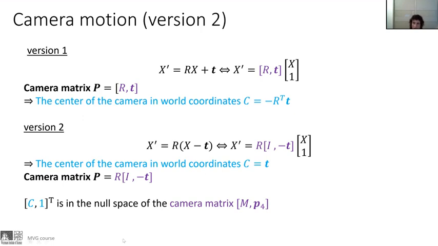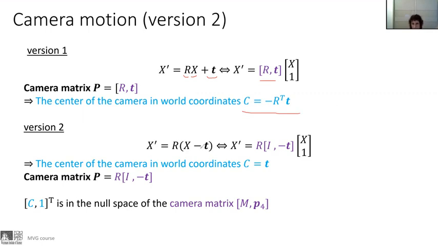Okay. First of all, you can move from this version to this version and vice versa, no problem. It depends on whether you say that you first take the point, rotate, and then shift. This is the first version. If this is the version, this is the camera matrix, and this is the center of the camera in world coordinates.